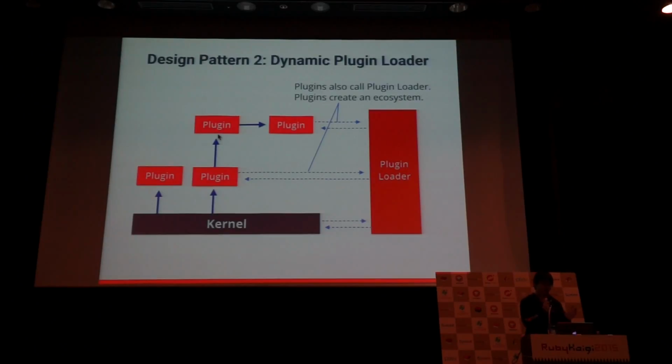Then the network of the plugins composes the application. And because you can use a plugin to implement a plugin, you can build an ecosystem of plugins. So for example, this plugin uses this plugin, and they have different committers there. And once you add a new feature to another plugin, the other plugin automatically can use the new feature. So this is very good for open source projects.